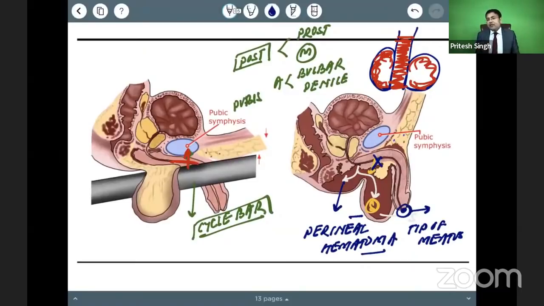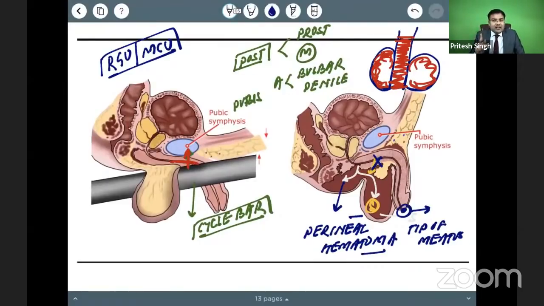Okay. Now coming to the management, you tell me what is the first investigation done in a case of suspected urethral injury? Is it RGU or MCU? This is the question. First investigation done in a suspected case of urethral injury, any urethral injury.